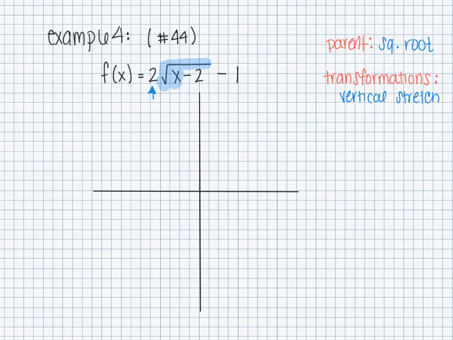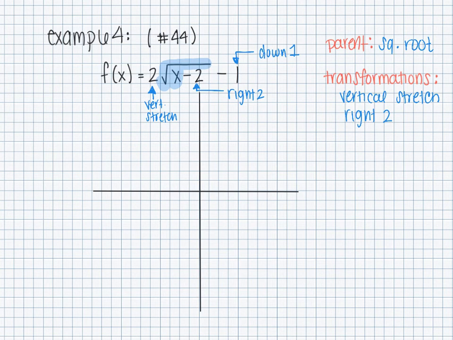And then, let's label that, minus 2 inside the function, so that's x minus 2, it's inside the function, it's being subtracted, so it's going to move it right 2. And then the last one, minus 1, outside the function, subtracting 1, so it's going to move it down 1.